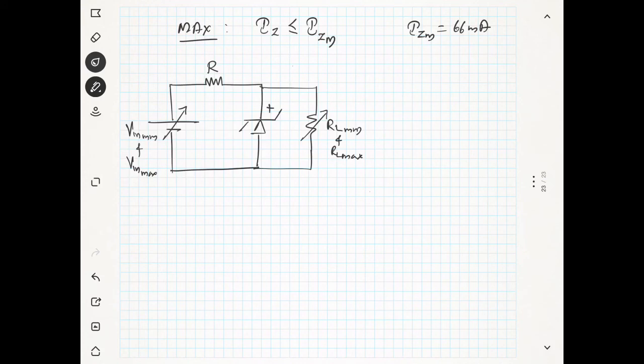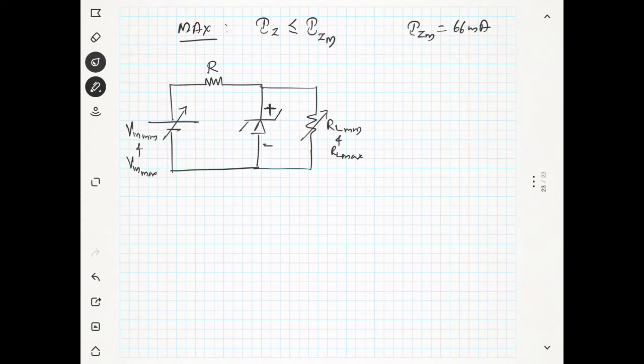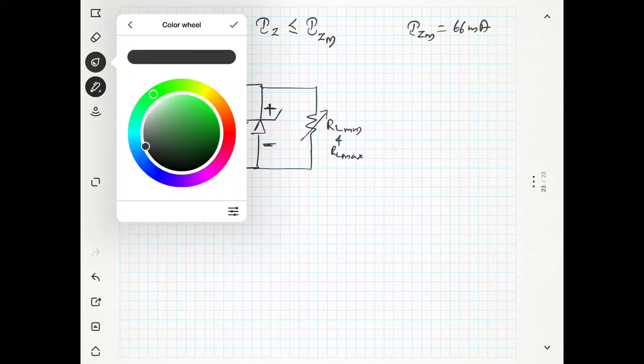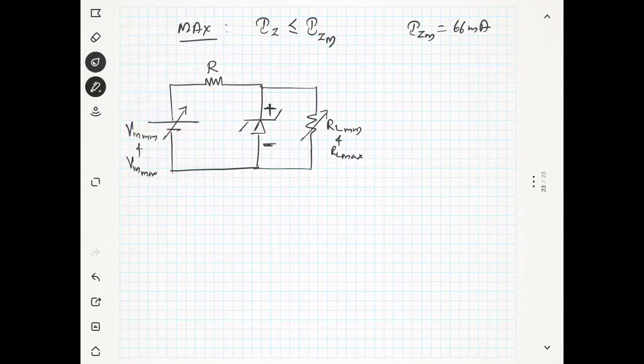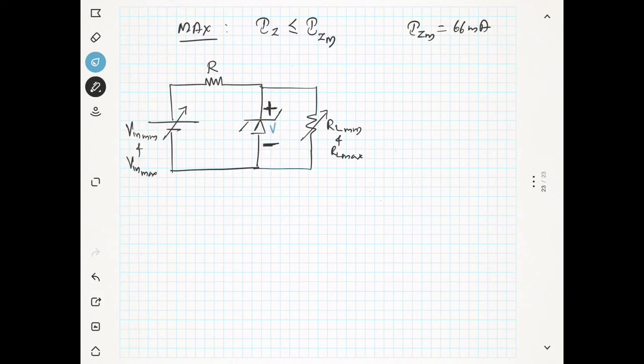So the voltage across the Zener diode will be something like this. This is Vz. The voltage at this point is Vz, and this also is Vz, everywhere it is Vz.